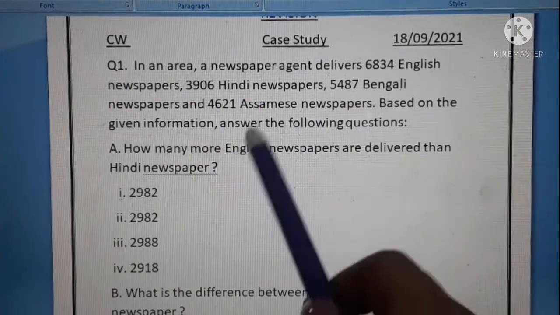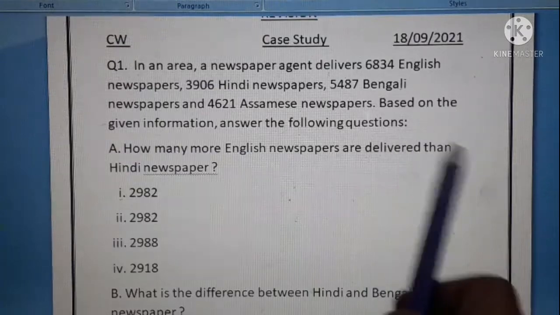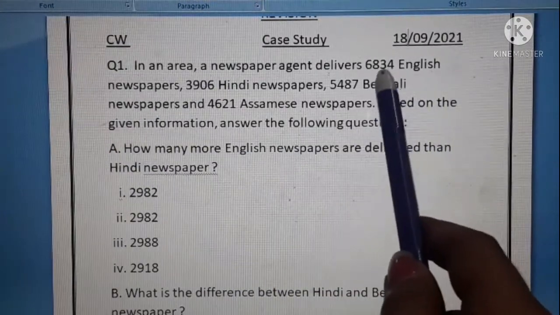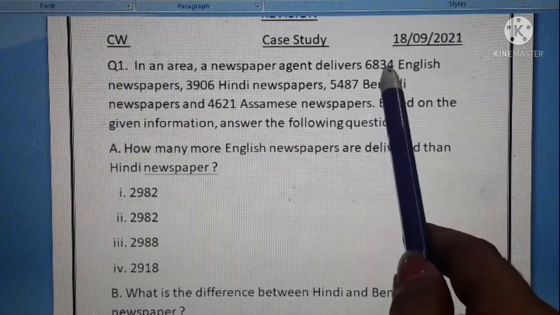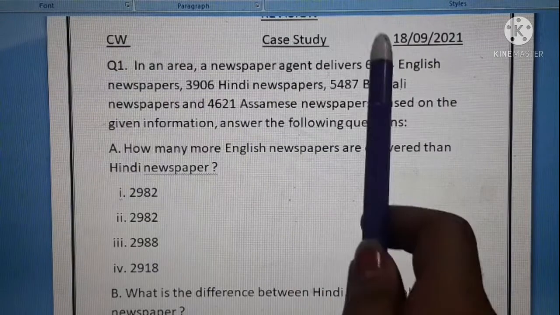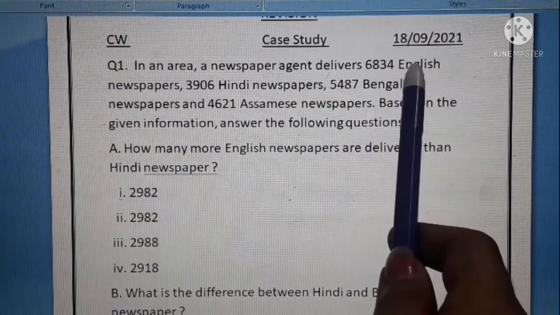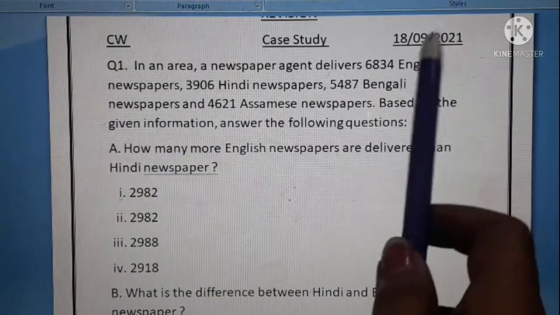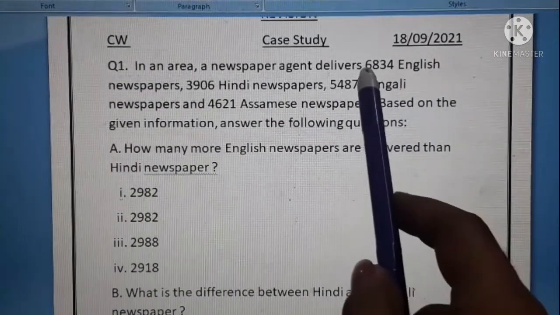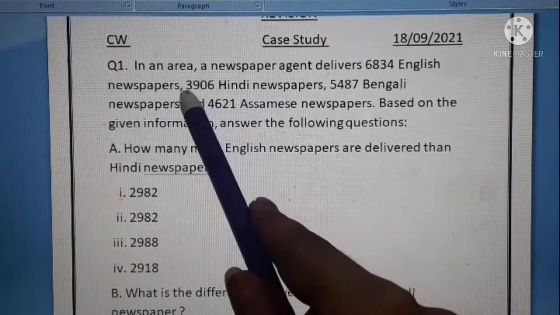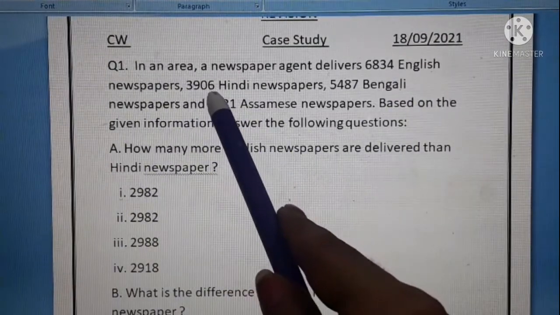So how many more English newspapers are delivered than Hindi newspapers? You can see English newspapers are 6,834, whereas Hindi is 3,906. Hindi is less and English is more, but by how many more? You can find it by subtracting 6,834 minus 3,906.